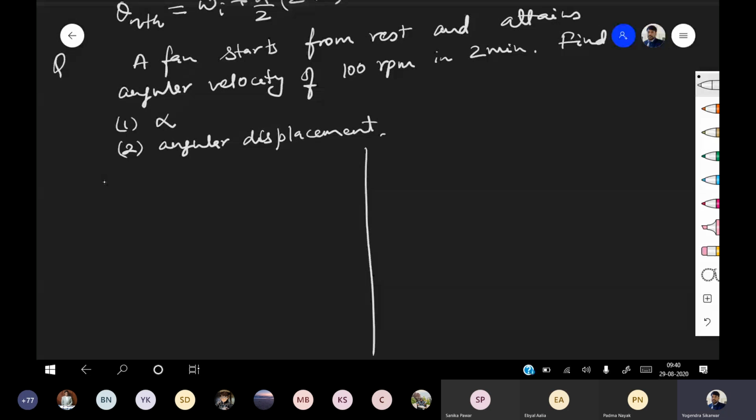So u, or you can say omega naught, is 0, because it starts from rest. Omega final is equal to 100 RPM. t is equal to 2 minutes. Alpha is question mark. Theta is question mark.